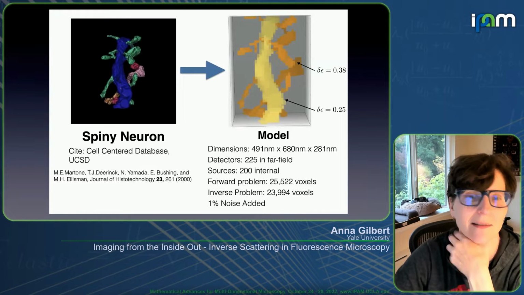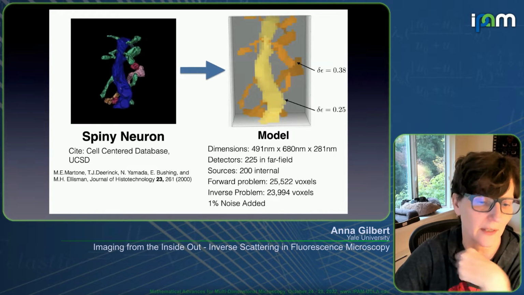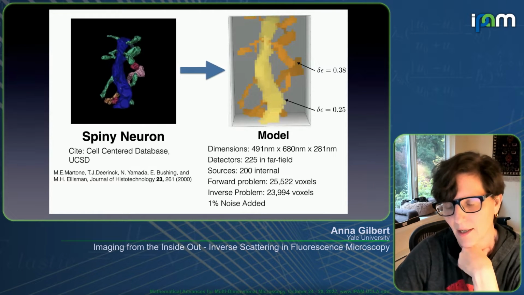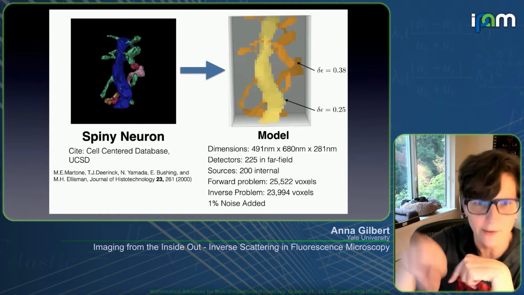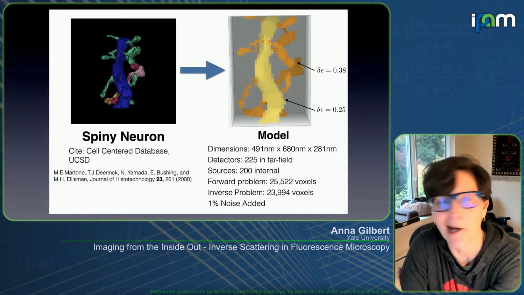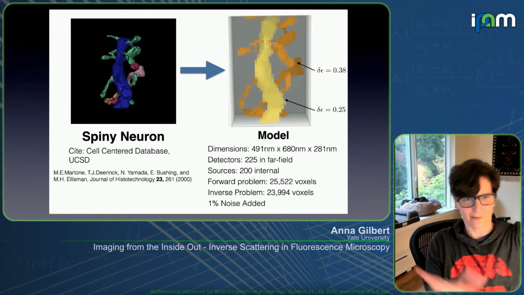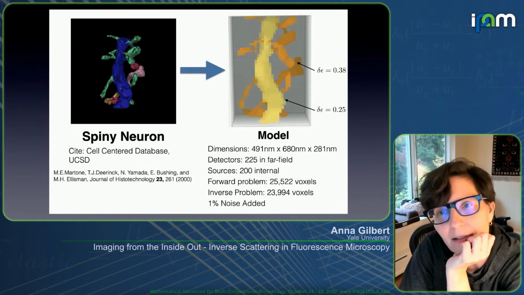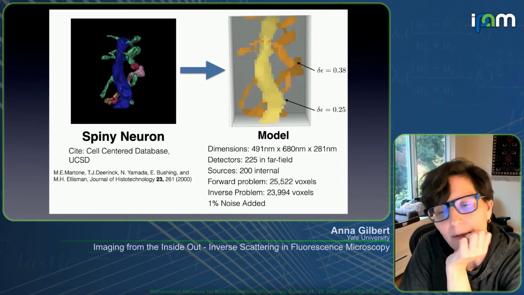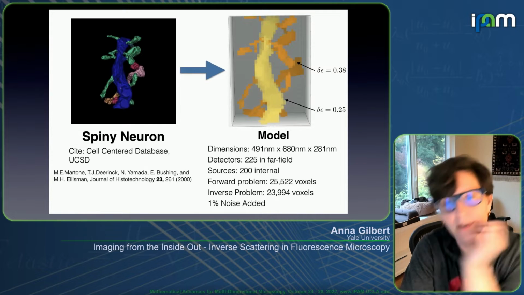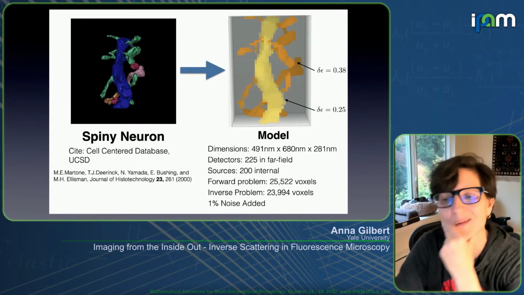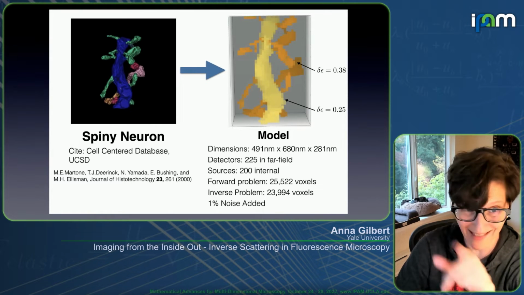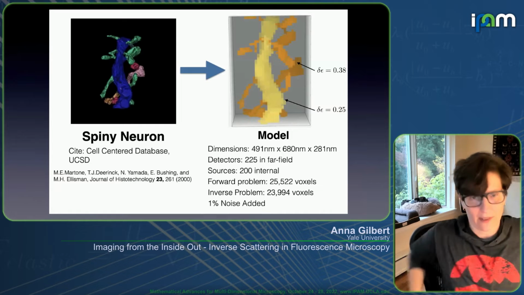So we took as an example this spiny neuron from a standard database, and here are the dimensions of this cube or rectangular prism that contains this spiny neuron. We had 225 detectors in the far field, and we placed 200 internal sources inside this prism.